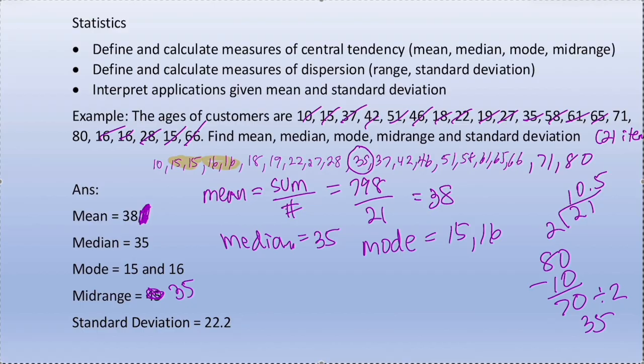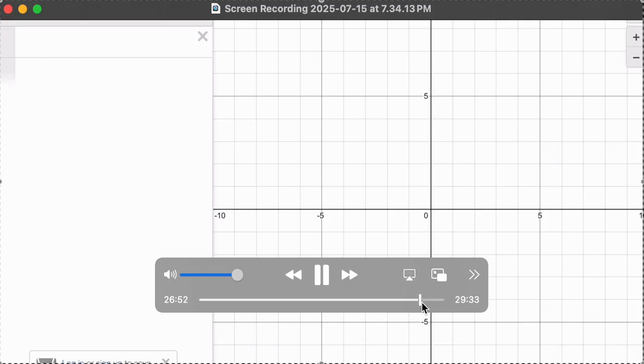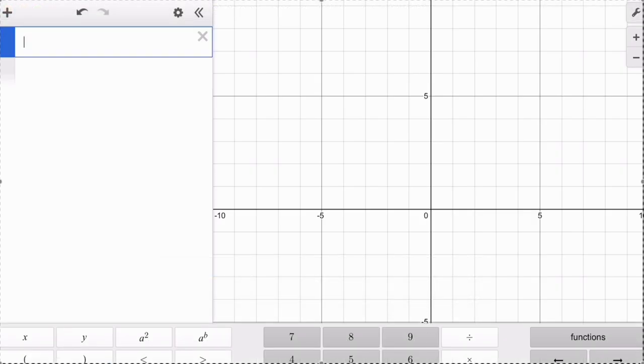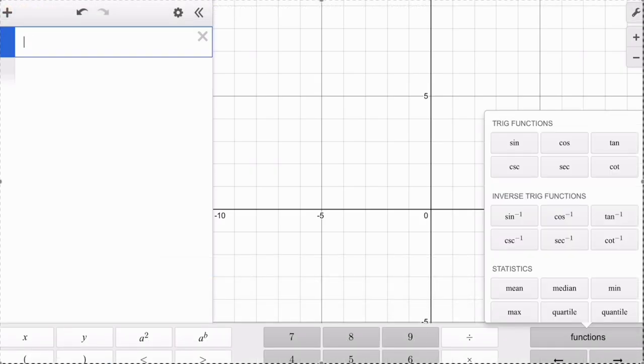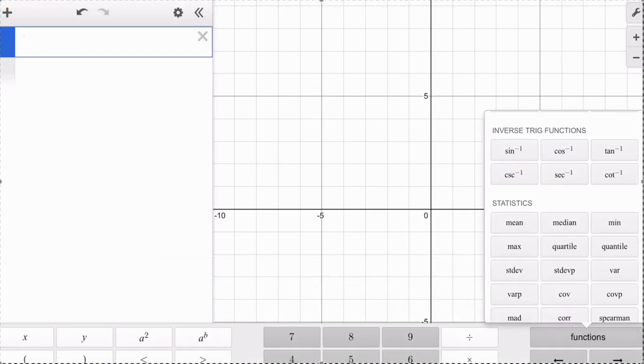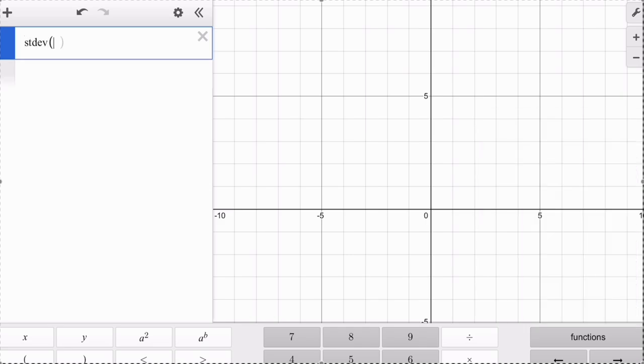Now the only one I'm going to do in Desmos, but you can do every one there, I think, except mid-range, is standard deviation. So the first thing you're going to do is you're going to hit functions, and you're going to tap on the one that says STDEV for standard deviation. And then you're going to type the list.